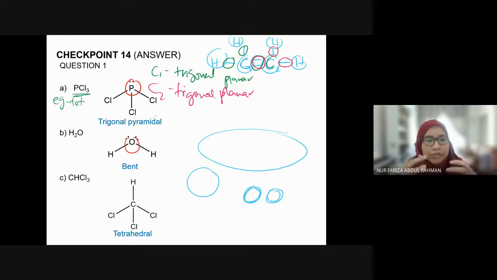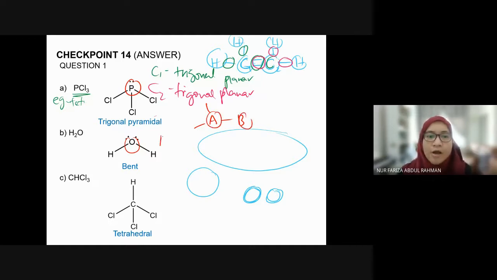So how do you determine? Dia mesti ada shape dia sendiri, betul tak? So that is how, just now yang saya tunjuk tu is how we determine the shape for each central. Katakanlah you ada A, B and then C central.